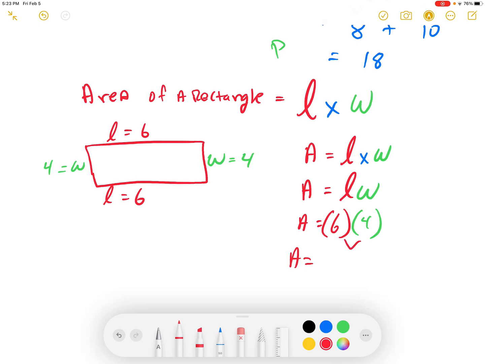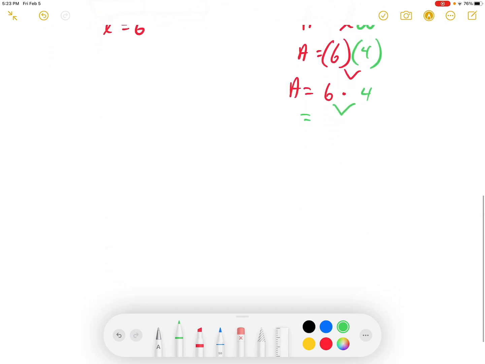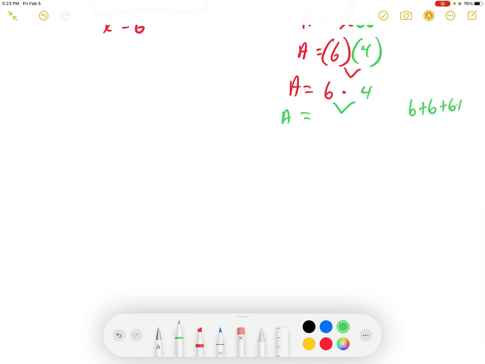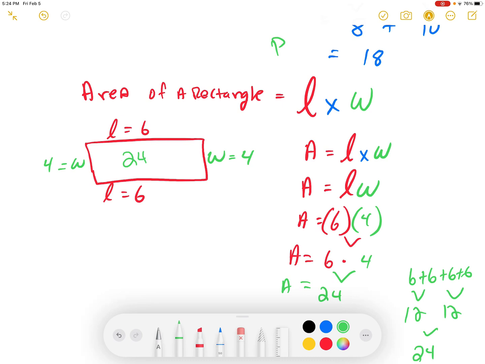That's what the parentheses mean. 6 times 4. 6 times 4 is 12, 12, 24. And so the area of this shape is 24, whatever the units are, units squared.